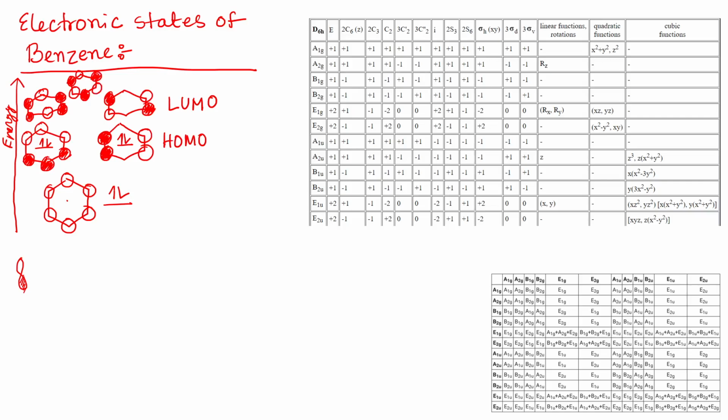So there is a way to say which of these orbitals is at what energy position. See, in this orbital, can you see any nodes for the lowest energy molecular orbital?